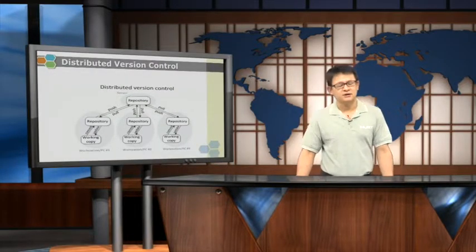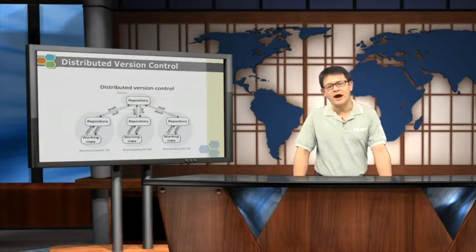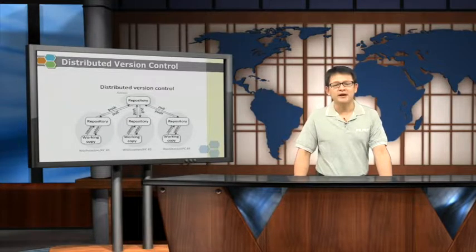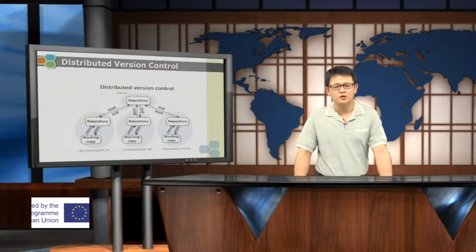But of course, the centralized is not a good idea because you might have conflict. You might block each other because of the modifications you have made. And then we have the distributed version control. The idea is that we have a centralized remote repository, but each developer also has a local repository.